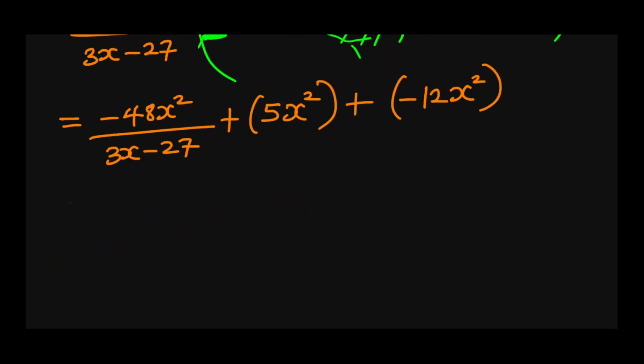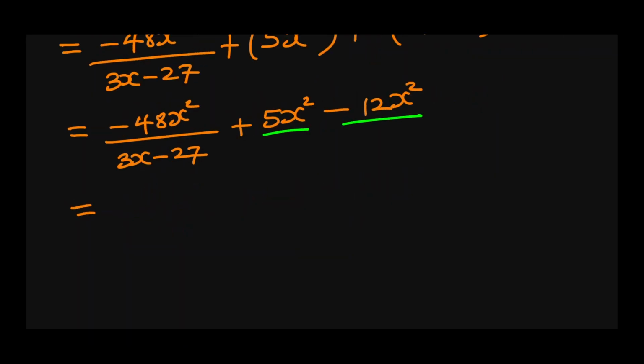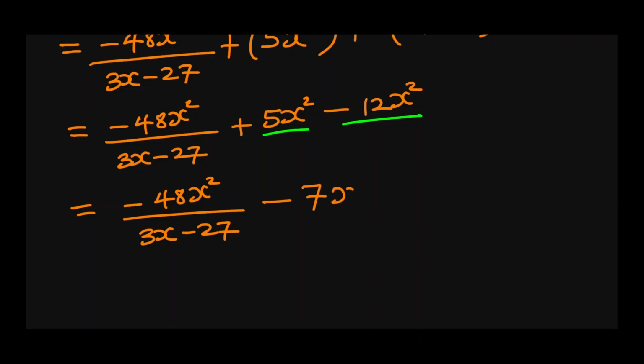So removing the brackets completely gives us minus 48x squared over 3x minus 27 plus 5x squared minus 12x squared. 5x squared and minus 12x squared are like terms. So this gives us minus 48x squared over 3x minus 27 minus 7x squared, and that becomes the final answer.